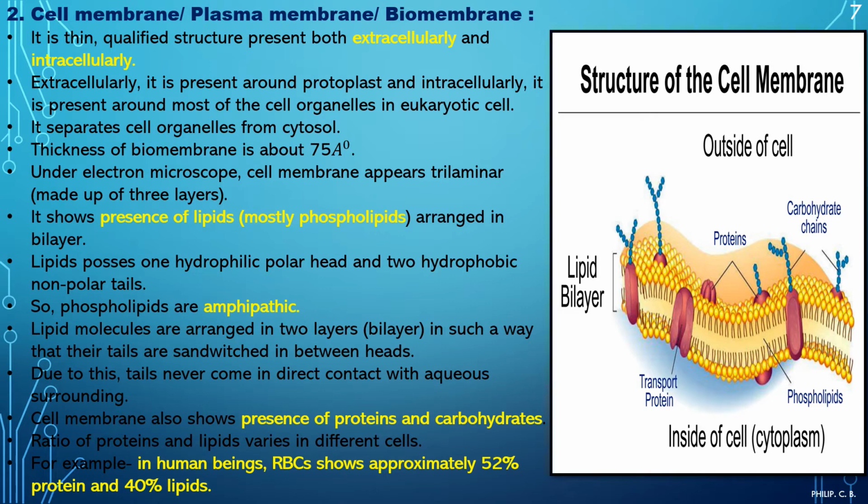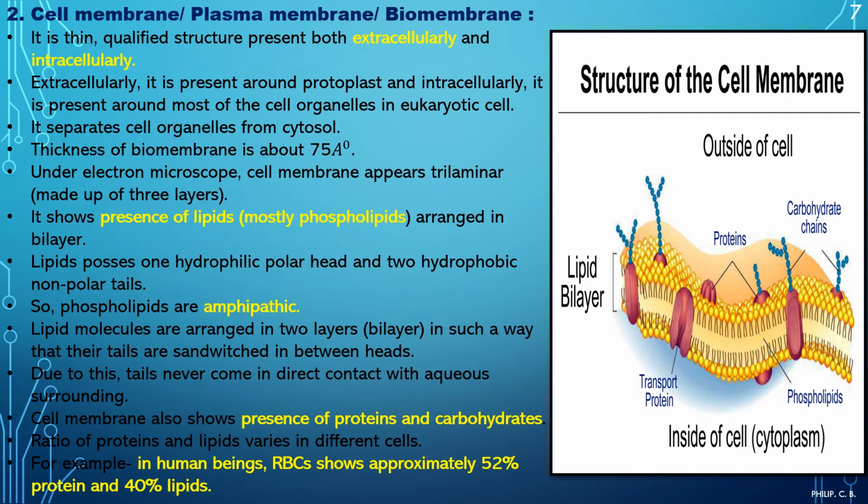Further, cell membrane, plasma membrane or biomembrane, different terms, right? So as we heard about cell membrane and plasma membrane, it is also called the biomembrane. Towards the right, you can see the structure of the cell membrane, where the lipid bilayer, protein transport, phospholipids, proteins and carbohydrate chains are present.